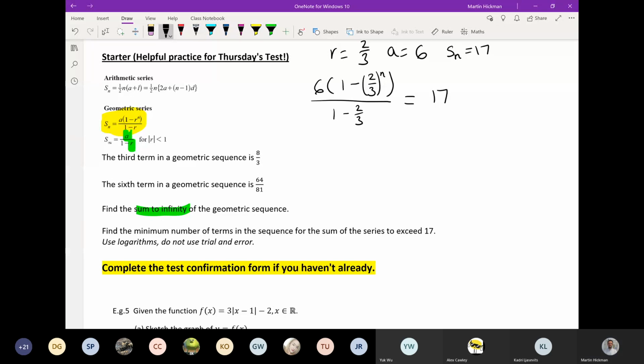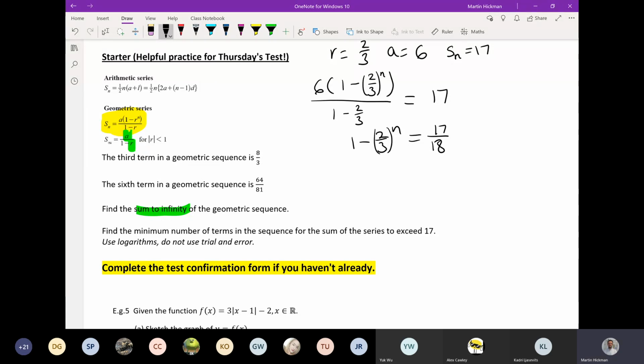Now I need to rearrange this to find n, so the goal is to get n on its own. On my denominator I've got 1/3, so multiply both sides by 1/3 and then divide by 6. This gives you 1 minus 2/3 to the power of n equals 17/18.